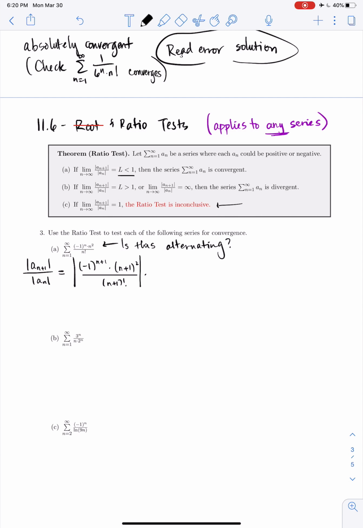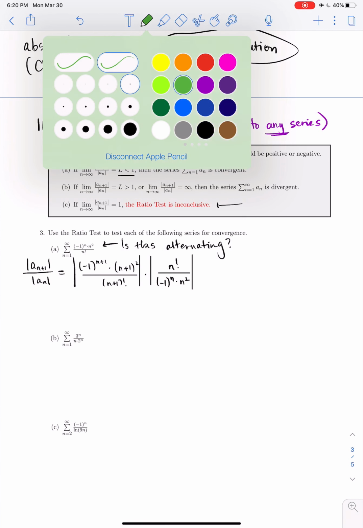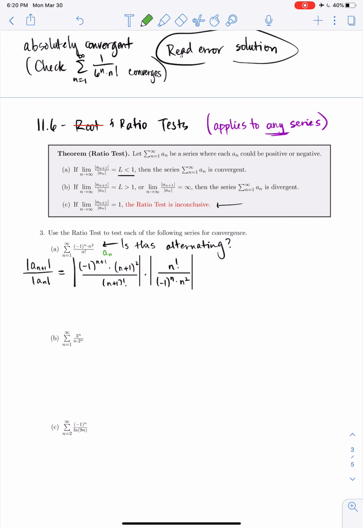And instead of writing a sub n underneath it, I'm going to write its reciprocal because we're dividing by it. So the reciprocal of a sub n would be n factorial divided by negative 1 to the n times n squared. So just to be clear, what I've written here is a sub n plus 1, and what I've written here is 1 over a sub n, because their product gives us the ratio that we're trying to compute.